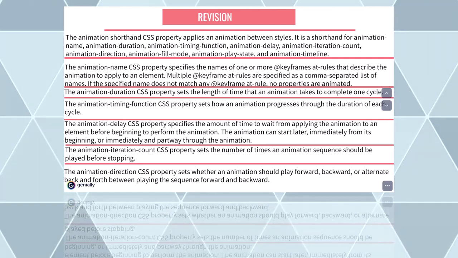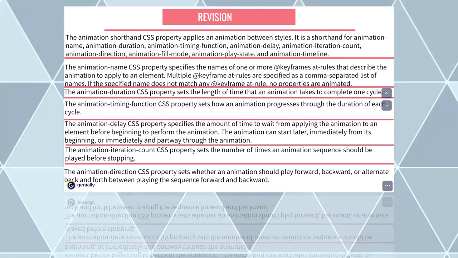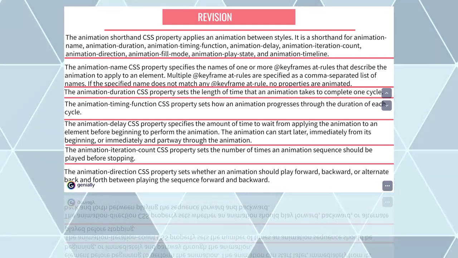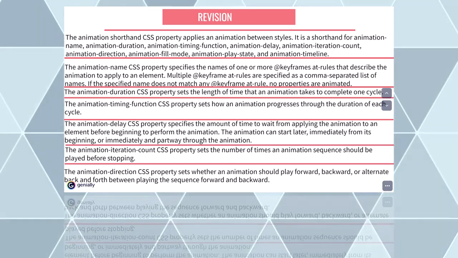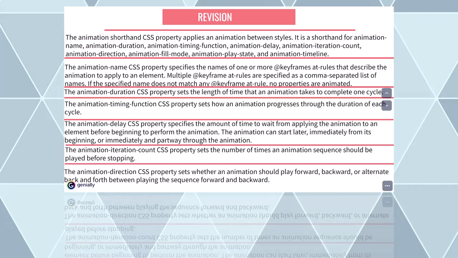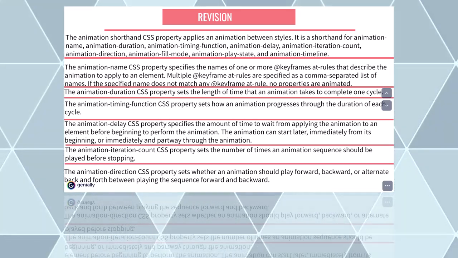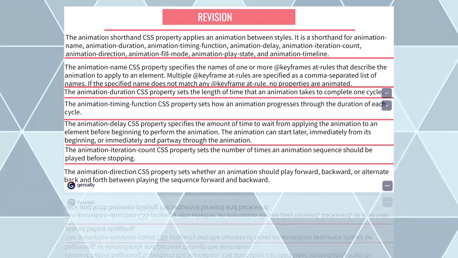So the animation direction CSS property sets whether an animation should play forward, backward, or alternate back and forth between playing the sequence forward and backward. So who can tell me, one of you guys will explain that one. Let's start from Cindy.